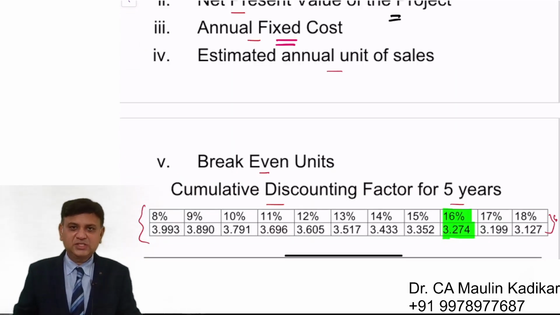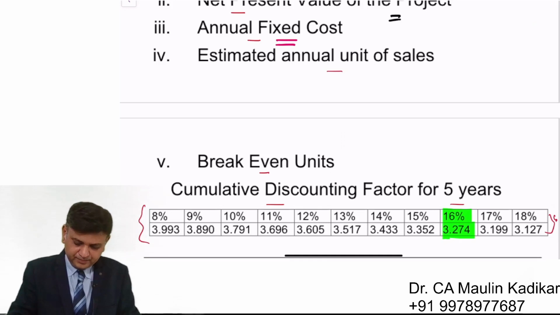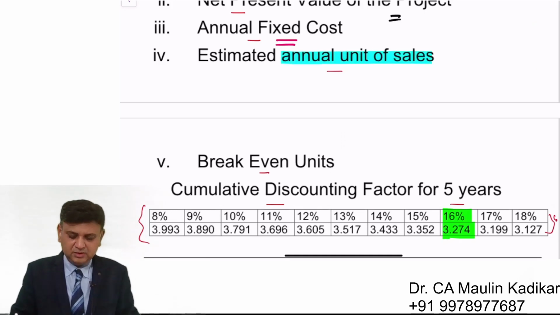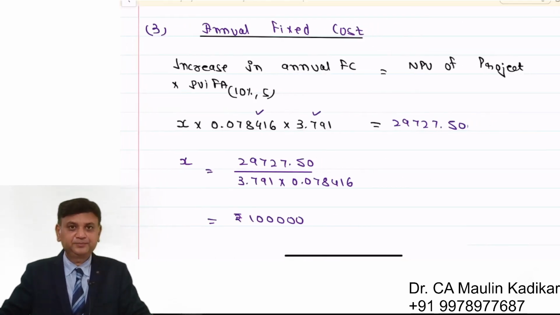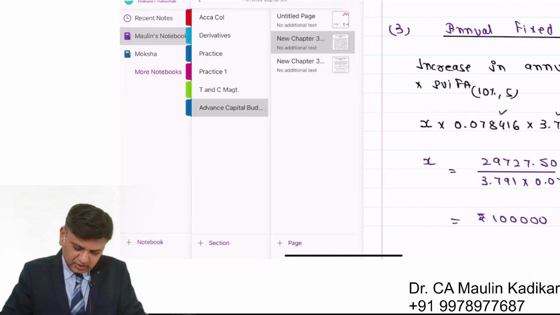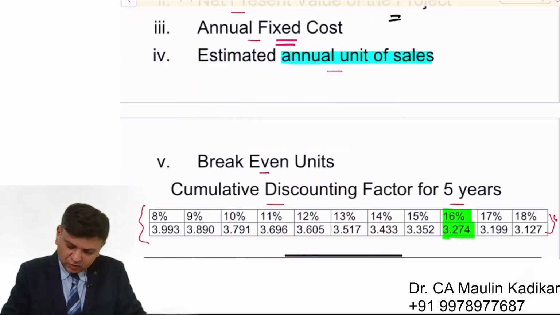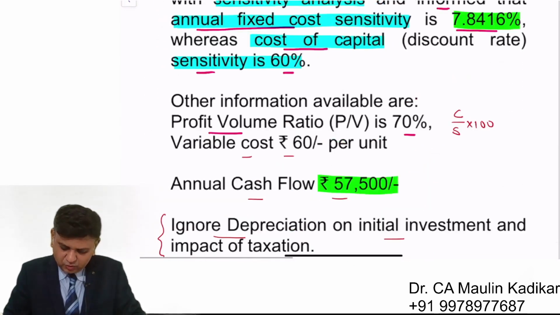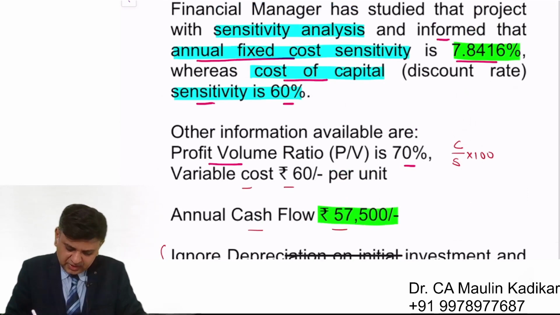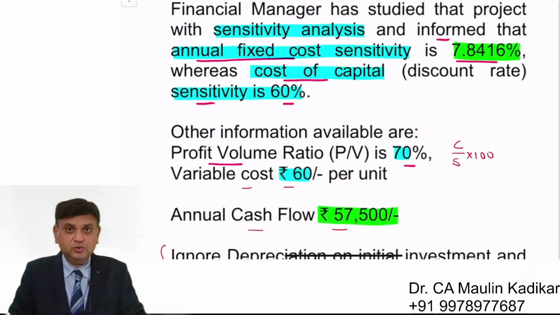Now the fourth question says compute the annual sales units. I request you to give answer of the fourth question in the chat box. Now friends, in order to compute the annual sales units, we have to use this information: variable cost and profit volume ratio.